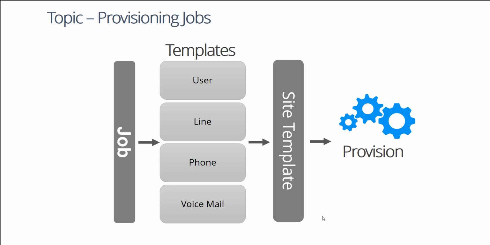And then that moves on to performing an actual provision function. So it's very simple when you look at what a job is. It's just what do you want that job to achieve? And how you put those building blocks together, which of course, the building blocks, templates, that's another story. So it's going to be very much specific to your environment.